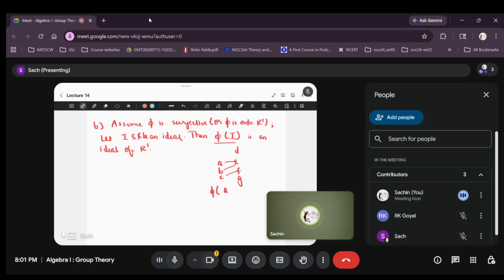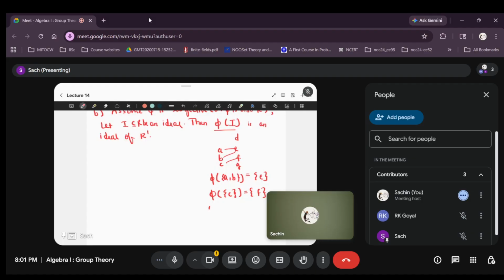Phi of the set AB is the set E, because both A and B are mapped onto E. Phi of the set containing only C is the set F, because C is mapped onto F. Phi of the set ABC is EF.